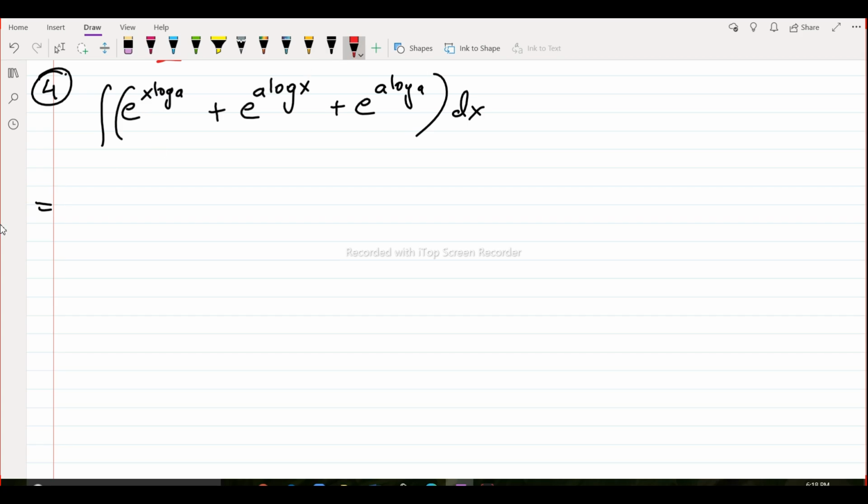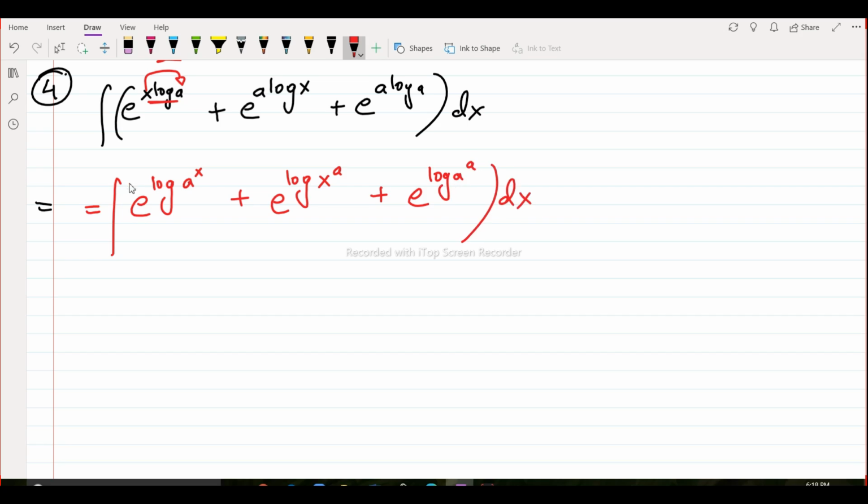Now for such a question, we can clearly see this x can come here by the power law. So I can write this as the integration of e raised to log of a raised to x, plus here I can again use the power law and write this as e raised to log of x raised to a, and e raised to log of a raised to a, dx.